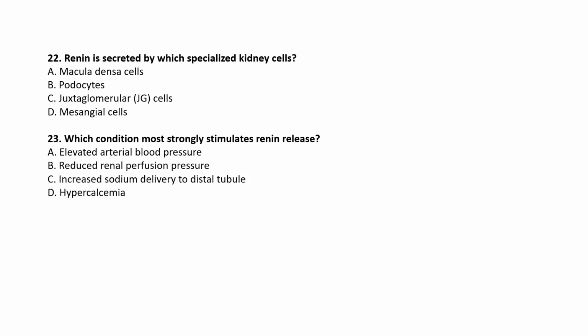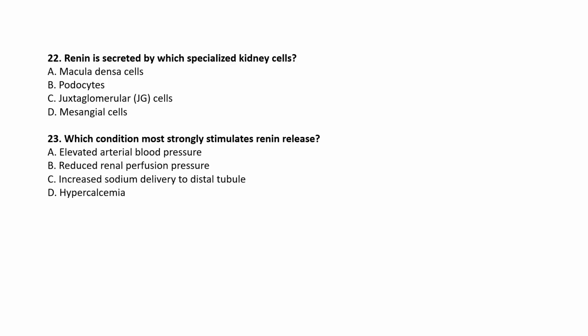So, it's to regulate blood pressure and increase it as and when required. That is the whole goal of the renin-angiotensin and aldosterone system. So in option A, if you have elevated arterial blood pressure, that's the opposite of what would stimulate renin release, right?